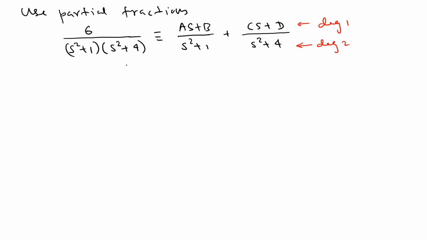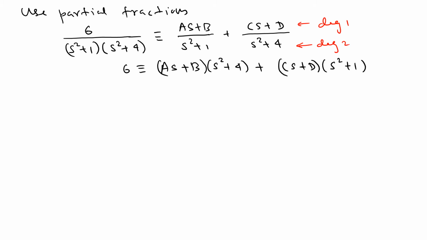As before, we're going to multiply by the common denominator, so we get as plus b, times the other one, that means s squared plus 4, and here we have cs plus d, again times the other one, so s squared plus 1. Now you can see that the substitution technique does not work.